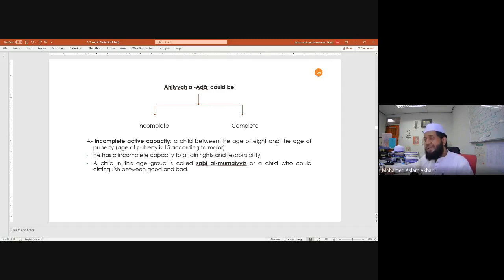From 8 until he becomes a major, this is the age where he can understand what is right, what is wrong. He has incomplete capacity to attain rights and responsibility, rights and obligations. A child in this age group is called Sabi al-Mumayyiz, a child who can distinguish between good and bad, according to Shafi and Hanbali.